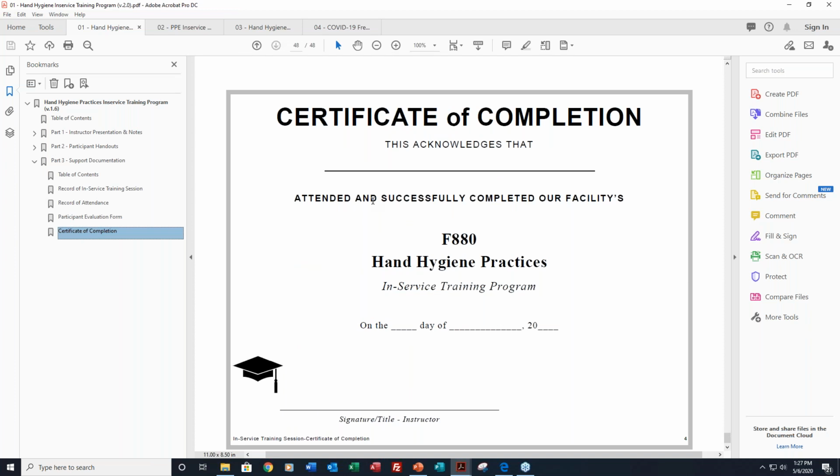That supports, you can put this in a staff member's file, you can make a copy for them, but it supports that person attended that training program. And let me tell you why that is so important. I have a very good friend who is a life safety code OSHA consultant to several facilities. Greg and I were talking yesterday about how the OSHA survey is affecting infection control, and it is.